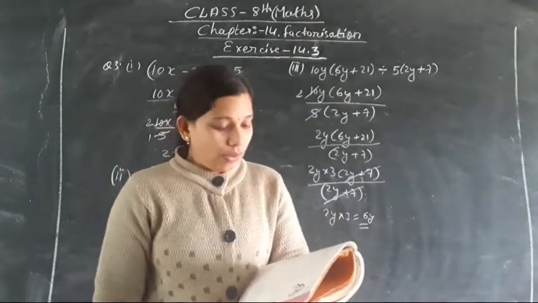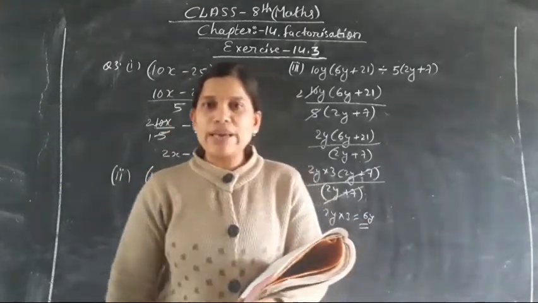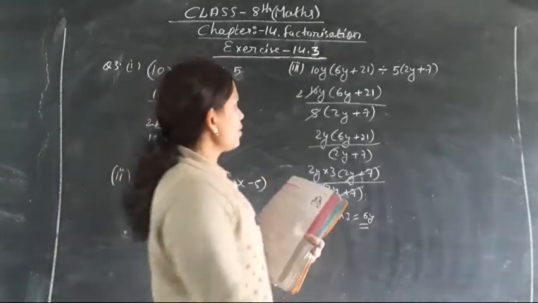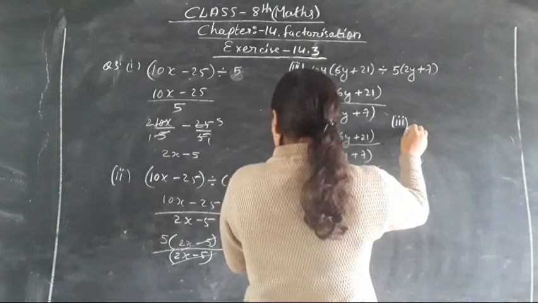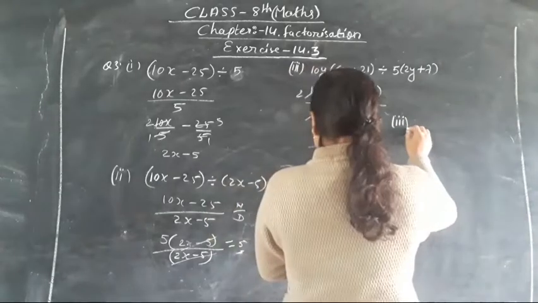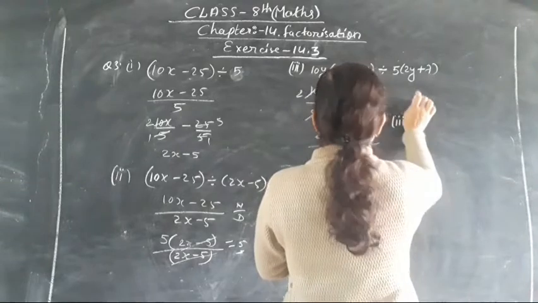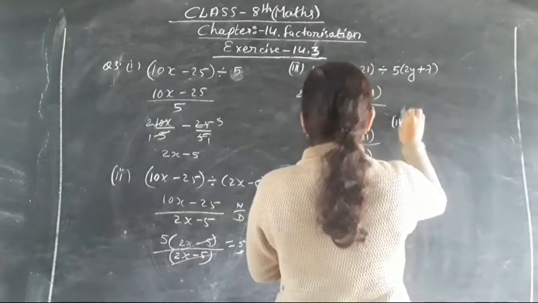Okay. Moving toward the next part of the question, it will be the same as this part itself. What is the question we are having? Let's see the third question. Third we have completed now, isn't it? So it will be the fourth question.